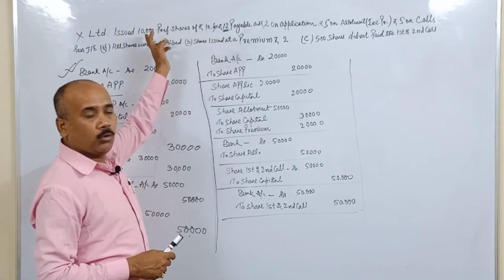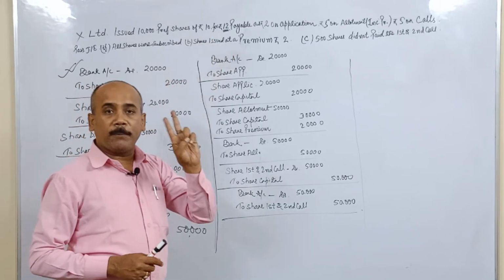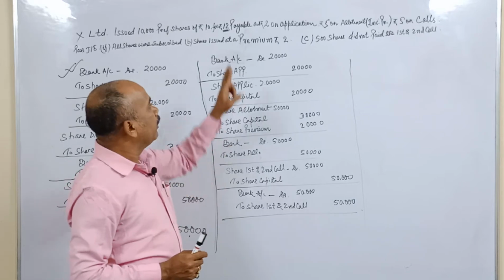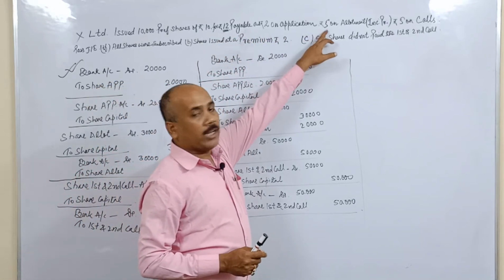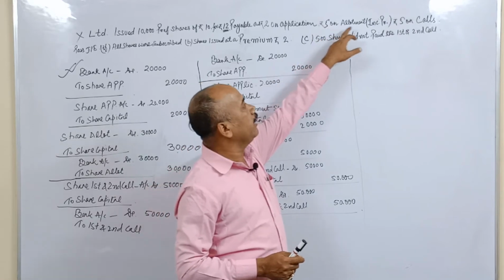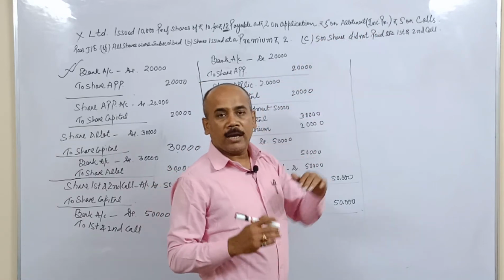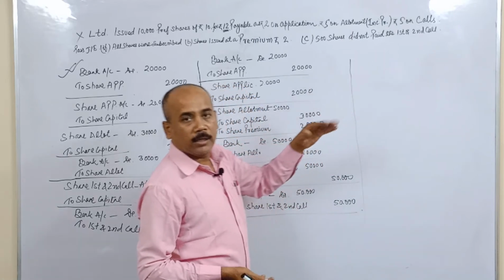The company issued shares of rupees 10 each for rupees 12. It means the excess of rupees 2 will be treated as premium. Payable rupees 2 on application, rupees 5 on allotment. The question states including premium. Including premium means allotment consists of premium also, and 5 rupees in total.